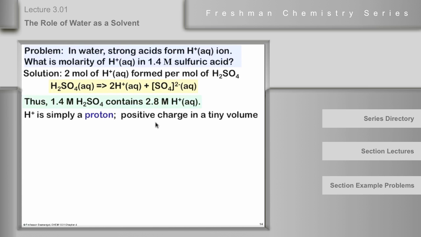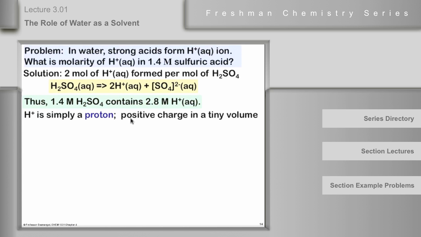Okay. Now the hydrogen ion is, of course, just a proton. But the fact that it has no electron means that the positive charge is concentrated on a very, very tiny nucleus. And if you look at the density of the positive charge, it's huge. It's enormous for this H+.